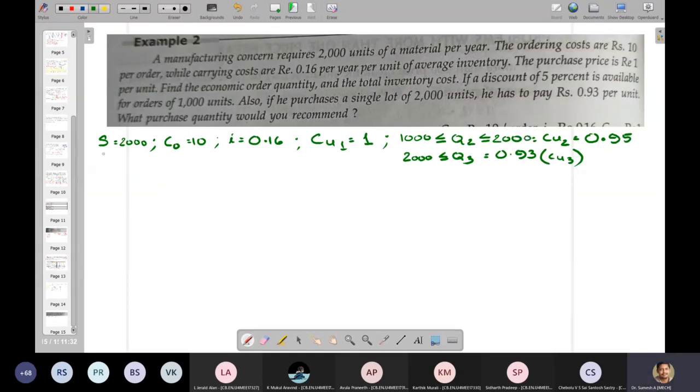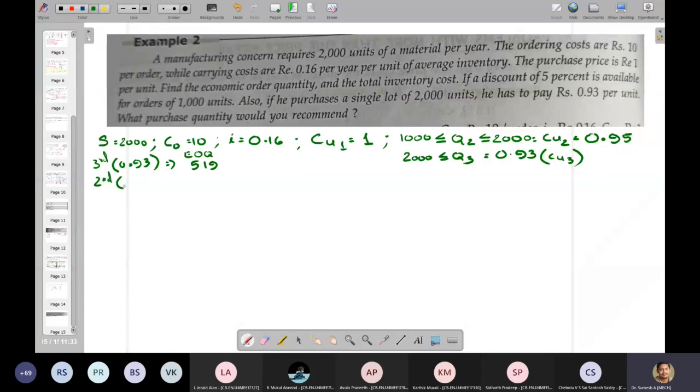For the third, that is 0.93, what is the EOQ value? I am getting it as 519. So 519 will not satisfy.